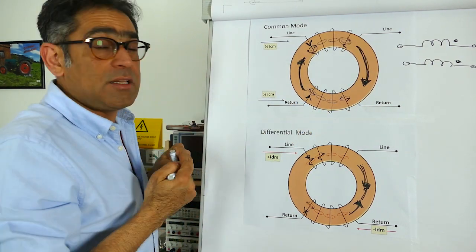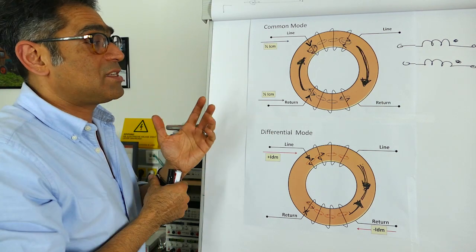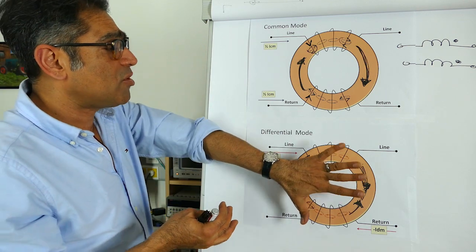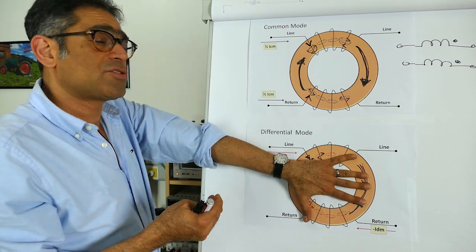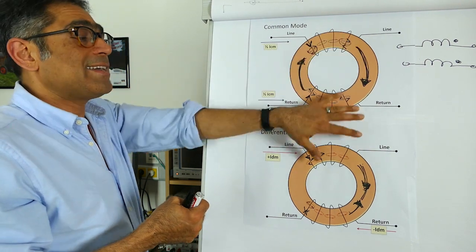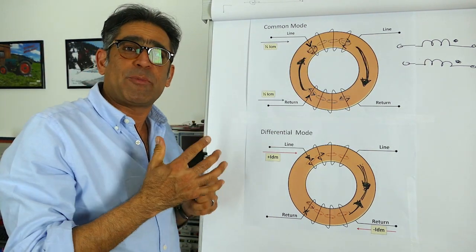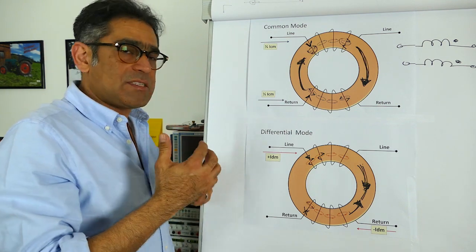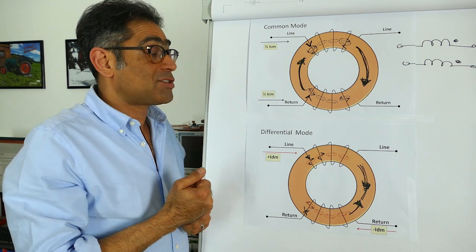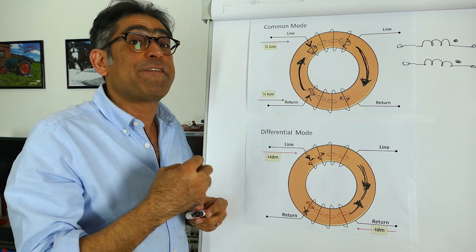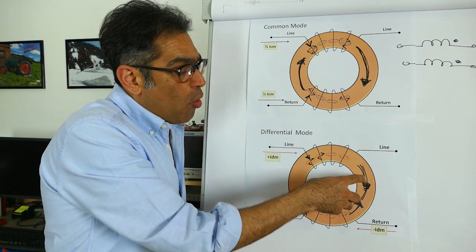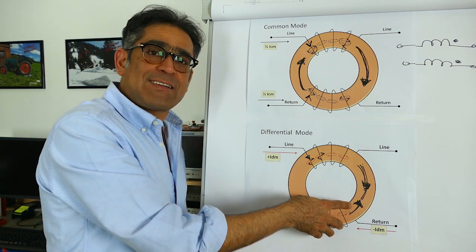Now, in an ideal world, 100% of the flux would couple, and therefore you would have zero differential mode inductance and lots of common mode inductance. In reality, this never happens because some of the flux leaks. This is called the leakage inductance or stray inductance, and some manufacturers even call it differential mode inductance, the name gives it away: not all of the differential mode currents cancel.